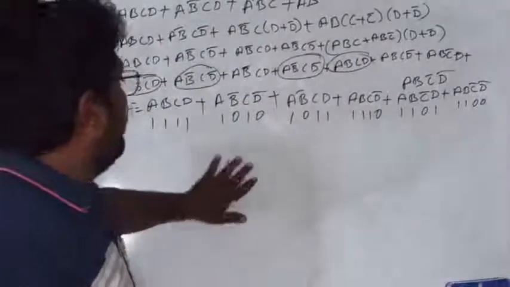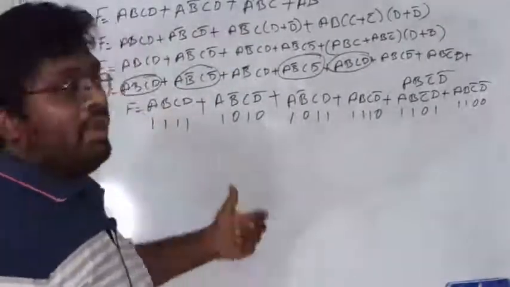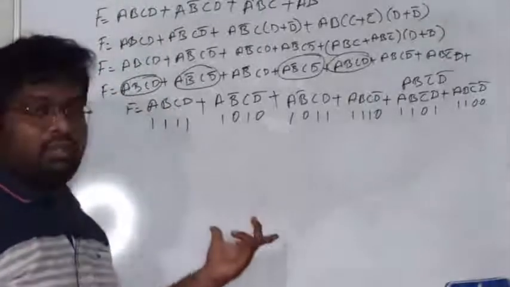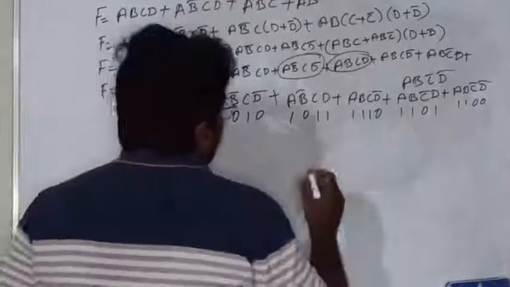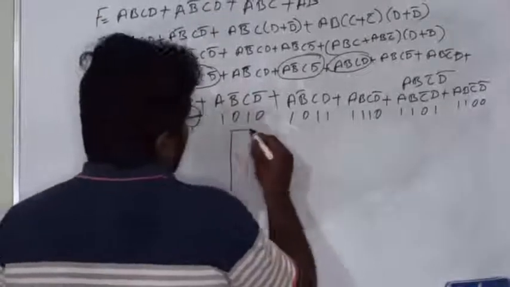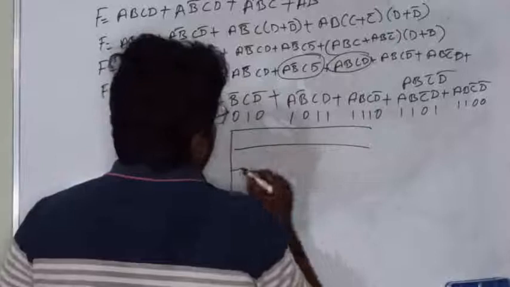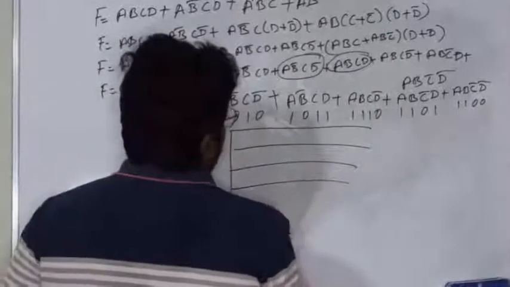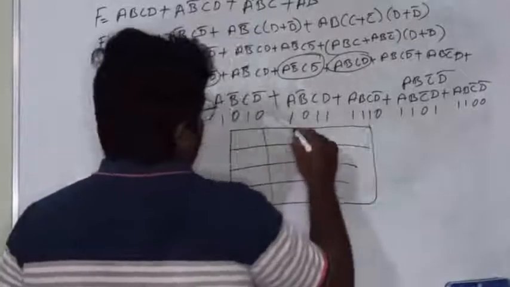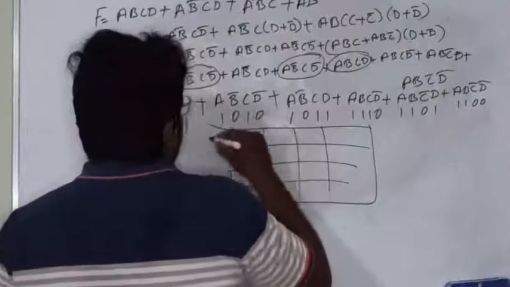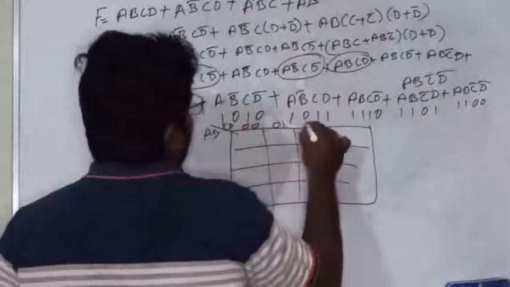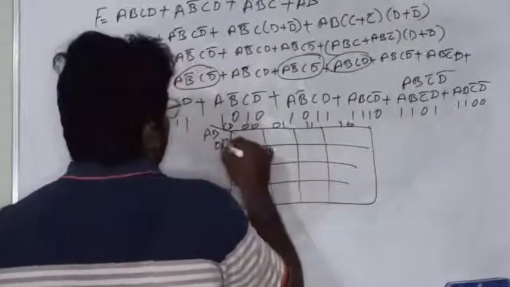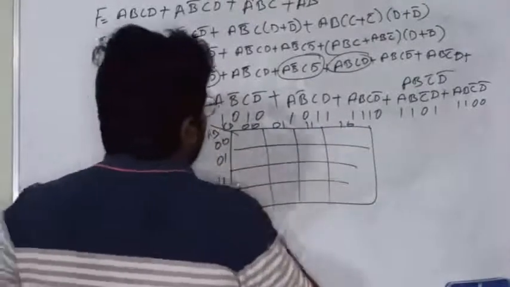So now we need to represent the K-map. Here we are having 4 variables, so we will be getting 16 squares, right? So the K-map will be like this. Here AB and CD are 00, 01, 11, 10.